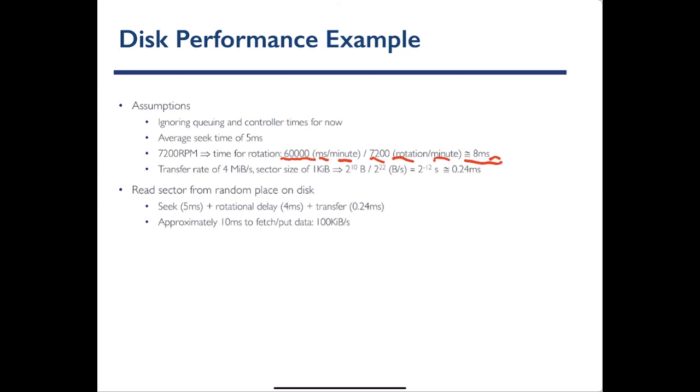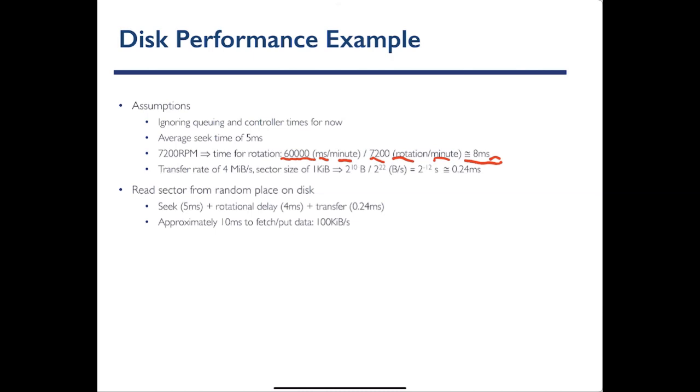Again, average, because sometimes you have to rotate the entire disk to get to the sector that you need. Sometimes you have to rotate just a little bit. Sometimes you have to rotate half. On average, we can assume that the average rotation time is half of a full rotation. So if a full rotation takes 8 milliseconds, average rotation takes 4 milliseconds.